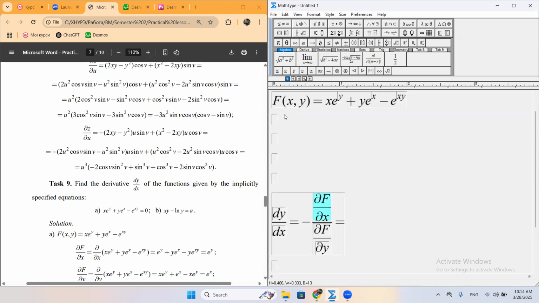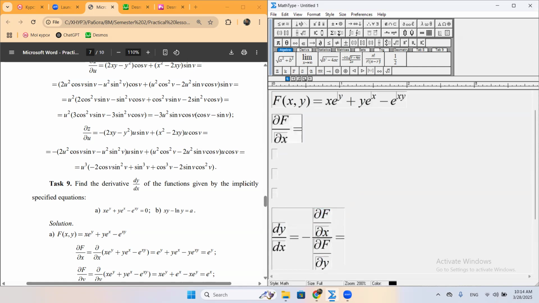So now let's find these partial derivatives. df by dx equals e to the power of y plus y e to the power of x minus y e to the power of xy.